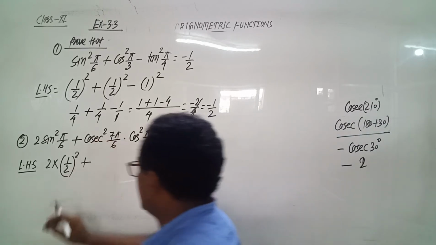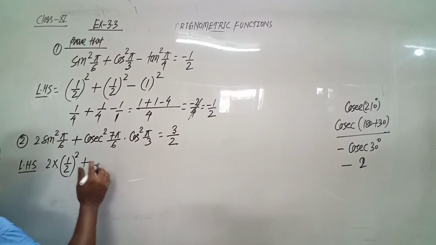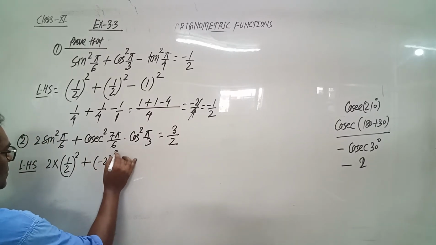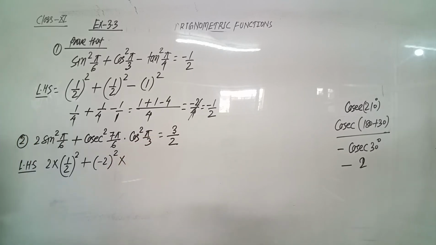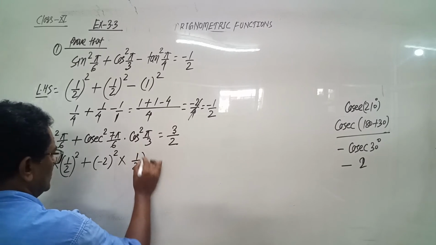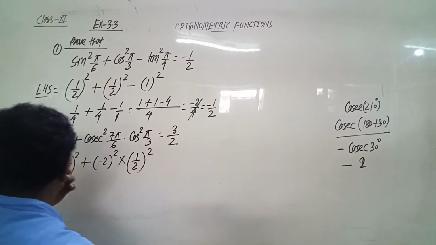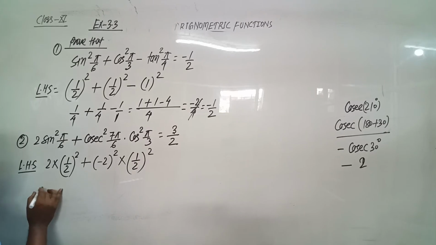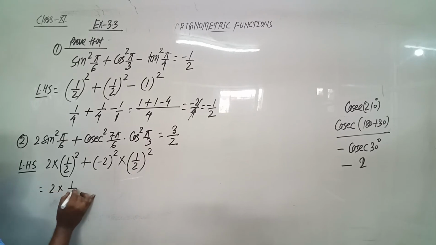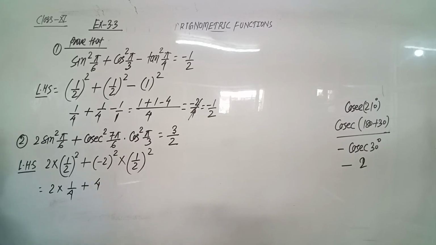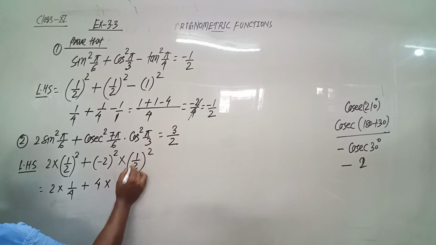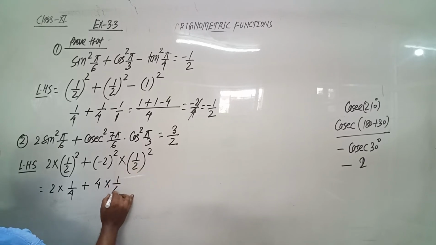But there is cosec square 7 pi by 6, meaning minus 2 the whole square, into cos pi by 3, cos 60 degree, which is 1 by 2. So 1 by 2 the whole square. Now solve this: 2 into 1 by 4 plus minus 2 the whole square, 4, into 1 by 4.